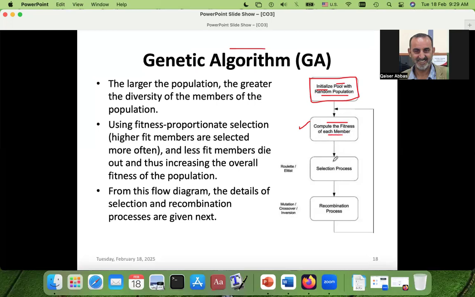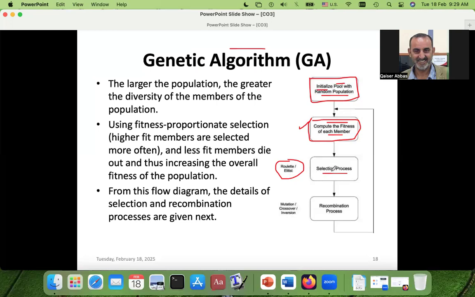And then after that, you will select 2 members from this population. We are still in the phase of population. So then we will select 2 members from that population using the roulette or elitist method. There are 2 methods available: roulette and elitist method.